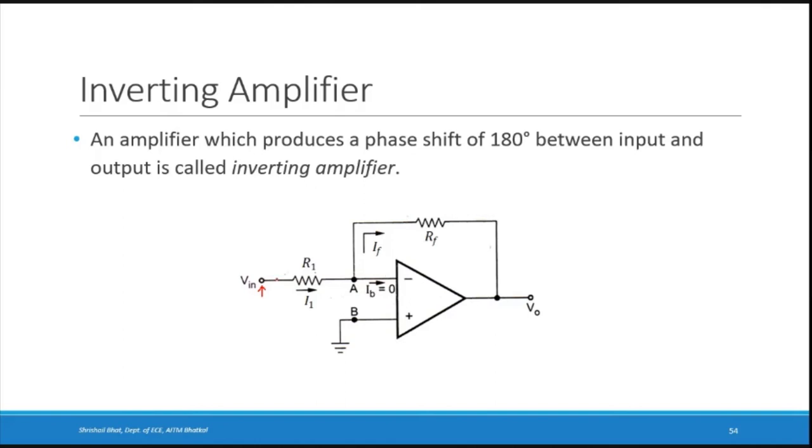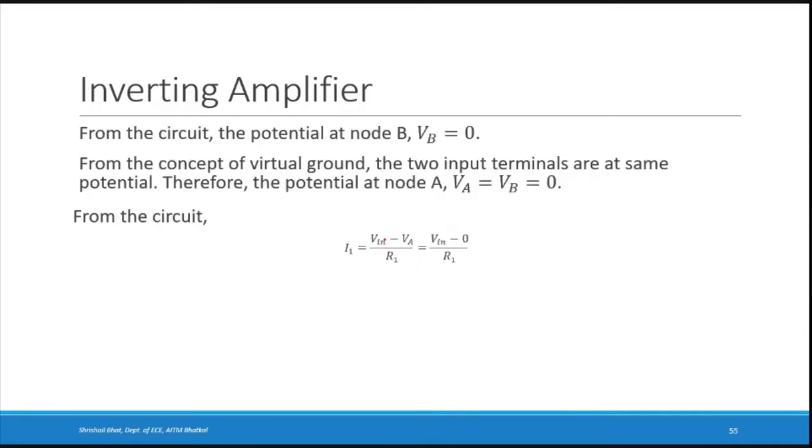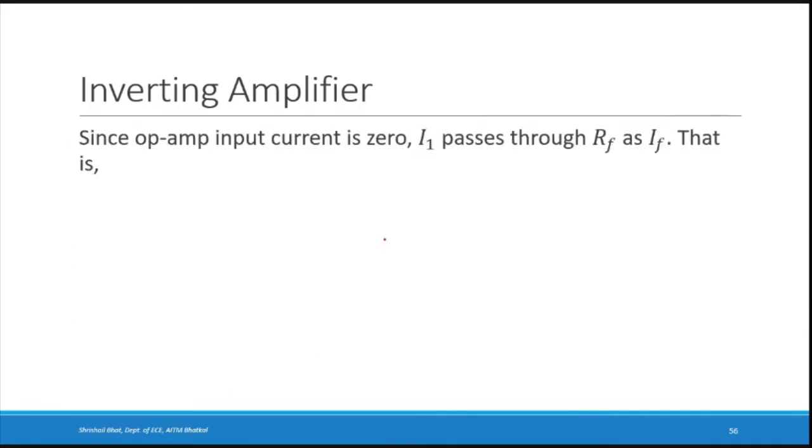So what should happen? Whatever current is entering, that is I1, should go out through RF as IF, right? From the assumption of 0 input current, since no current can enter the op-amp, I1 is equal to IF.